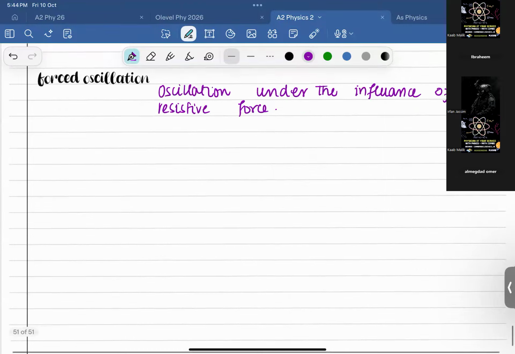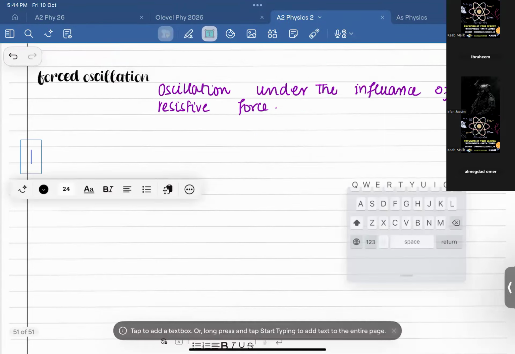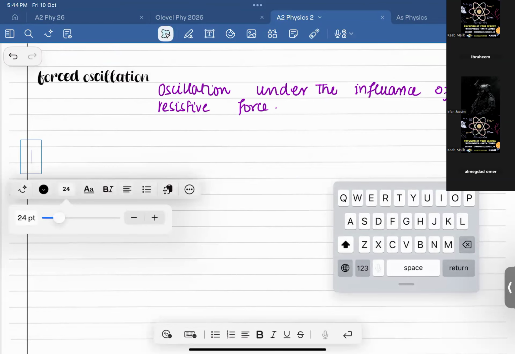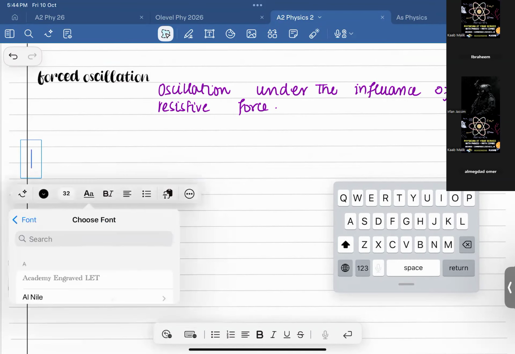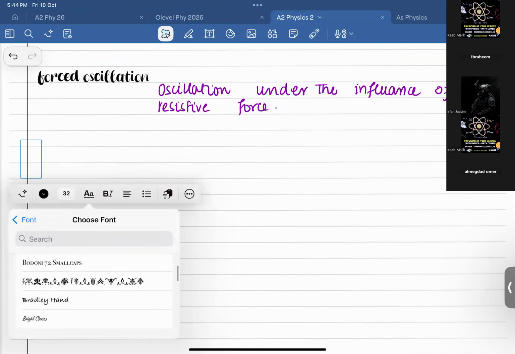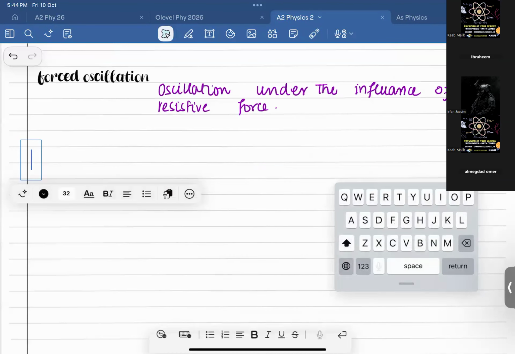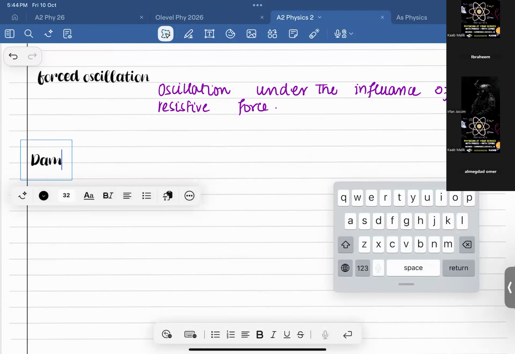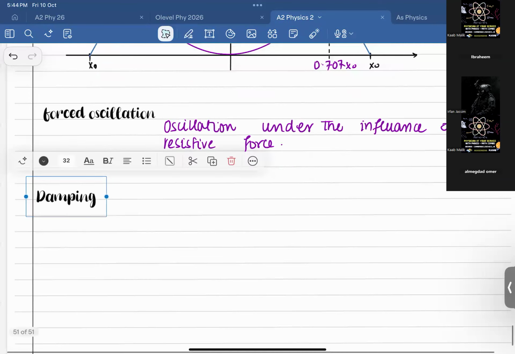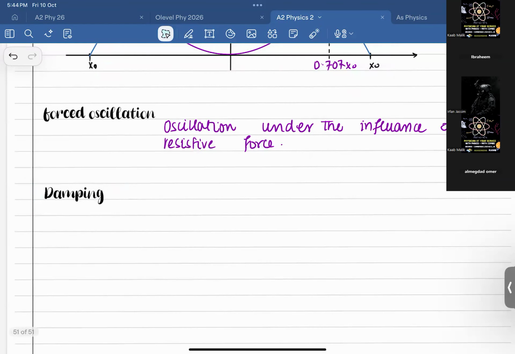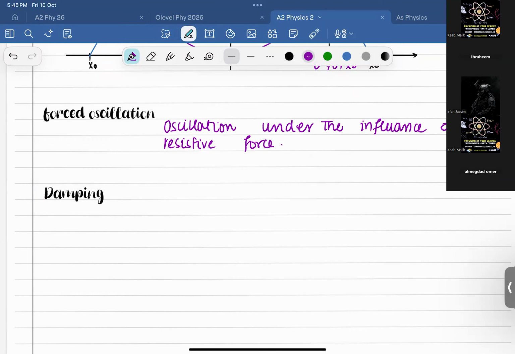Okay. So the second thing is damping, and damping is basically the energy loss, by the way. Okay. So damping is the name of the concept where the resistive force causes the loss in the energy of the oscillation, right?